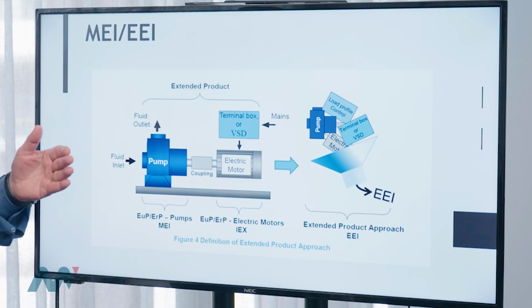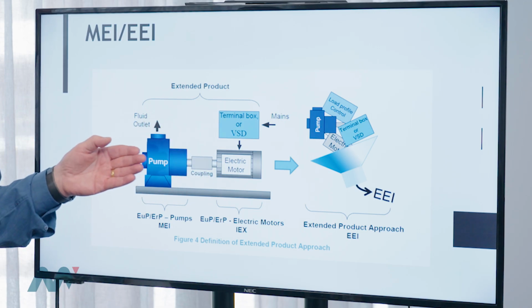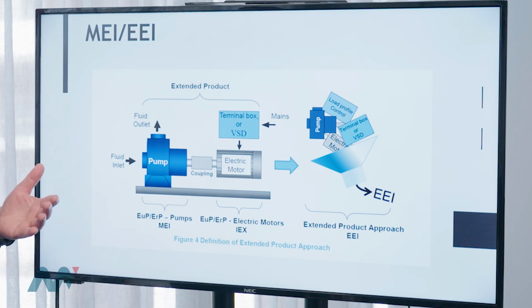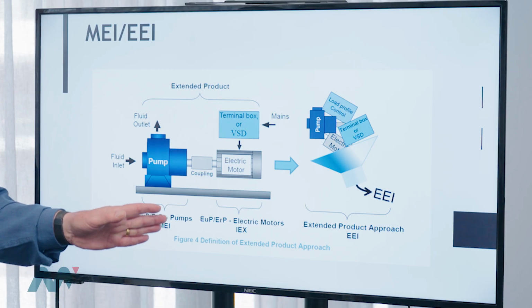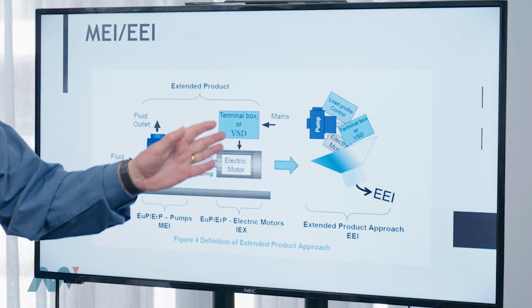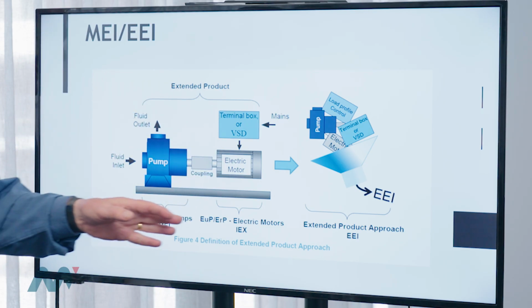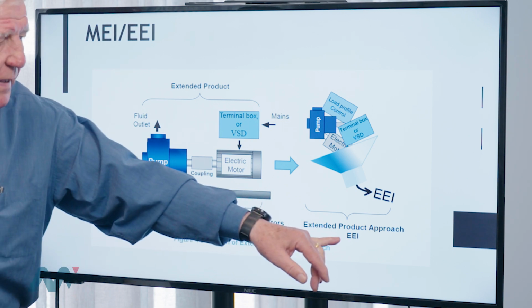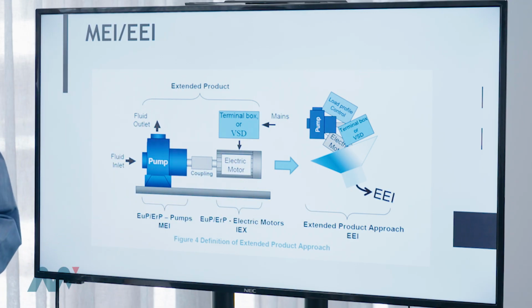And the extended product approach is where we look at the supply, the electric motor and the pump as a combination of products, where we're looking at a pump which has got a particular MEI and a motor that's got a particular IEx, which is the efficiency of the drive motor. The extended product approach is all of those combined together, and we measure that with an EEI, which is for a pump, motor, drive package.